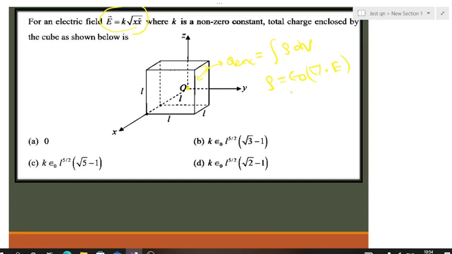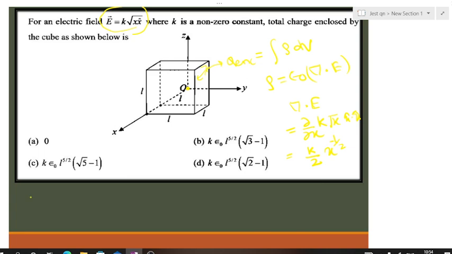So first find the divergence of electric field, which is equal to del by del x of k root x, and x cap dot x cap will be 1, and the answer will be k by 2, half into x power minus half.